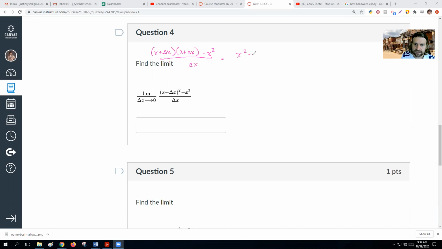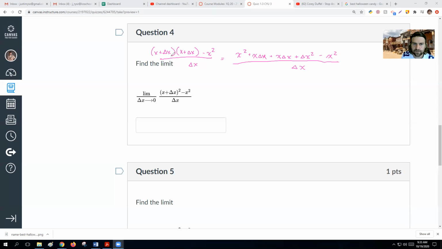X times delta x is x delta x, like x times y is xy. X times delta x is x delta x. Then delta x times x is another x delta x, and delta x times delta x is delta x squared. Then minus x squared, all over delta x.